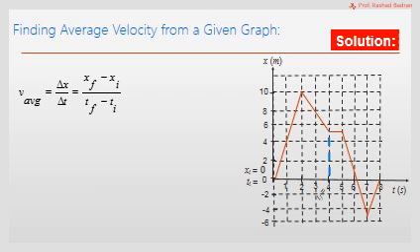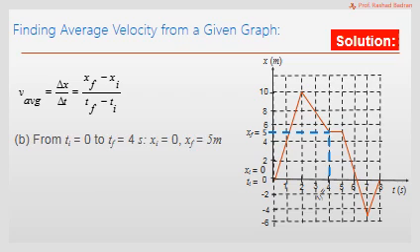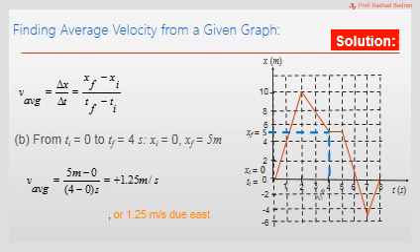Again, applying the formula, substituting the x final and x initial and the t final and t initial in the formula to get positive 1.25 meters per second. That is obviously the direction of the east for the average velocity in this part of the problem.